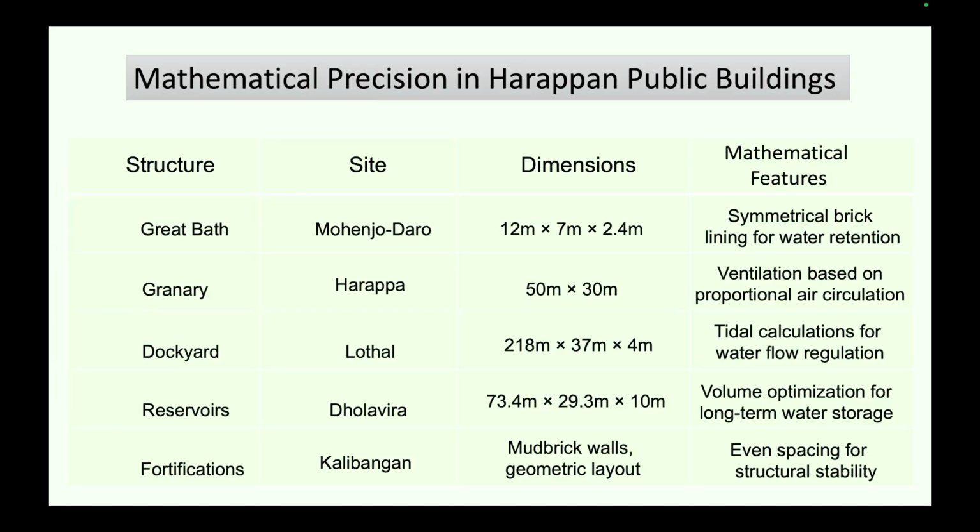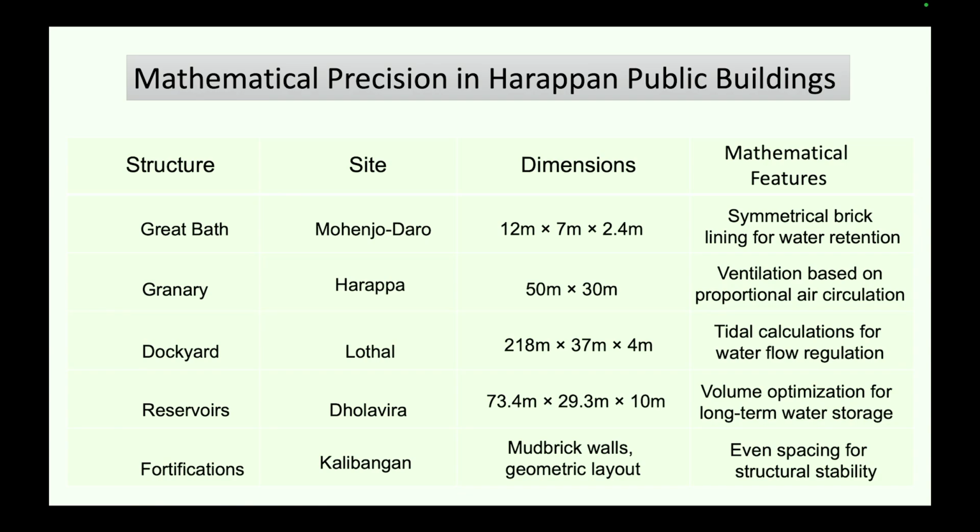Granary reported from Harappa: 50 meters by 30 meters, with proper ventilation based on proportional air circulation. The dockyard reported from Lothal: 218 meters by 37 meters by 4 meters, with tidal calculations for water flow regulation.